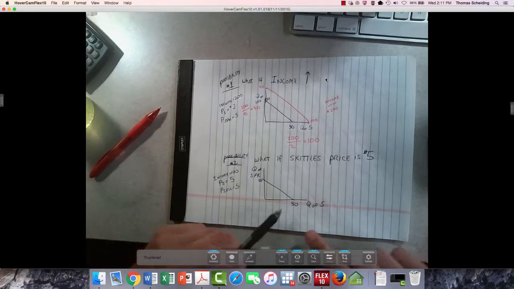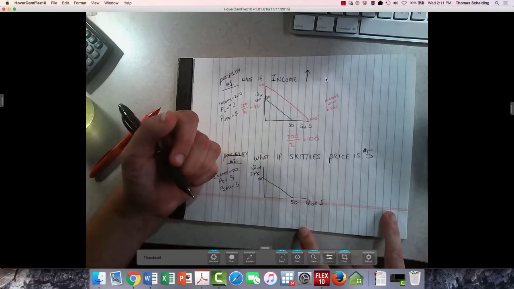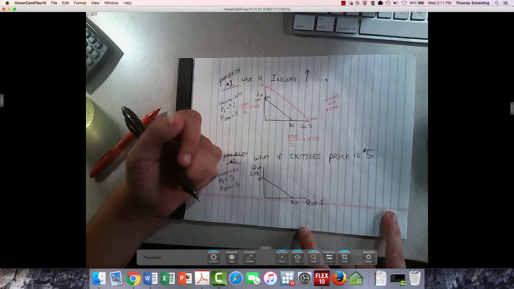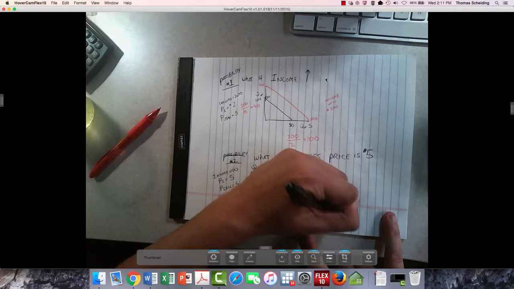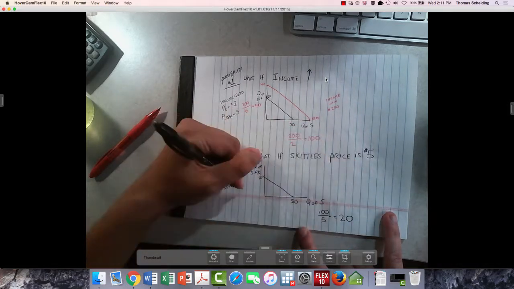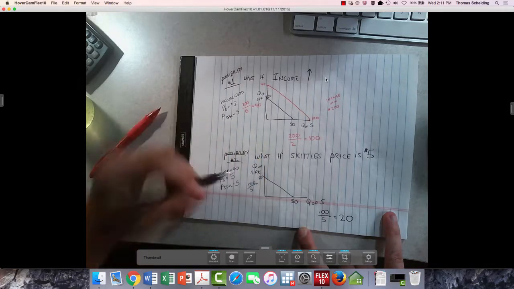And again, the math I'm using here is taking my total income and dividing it by the price of the product. So now for Skittles it's 100 divided by 5, which is equal to 20. And over here, it's 100 divided by 5.